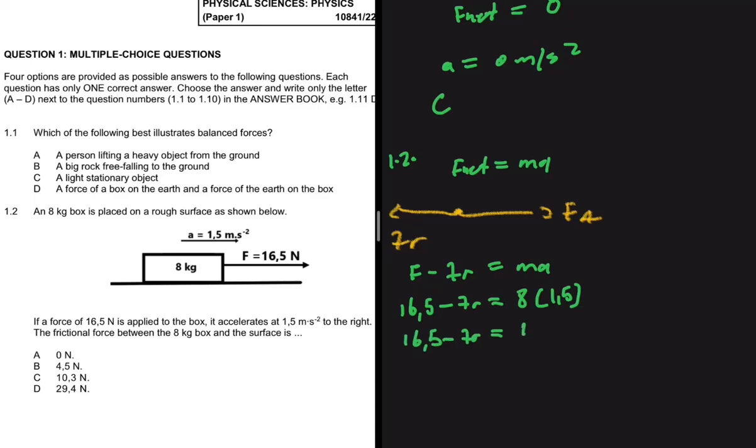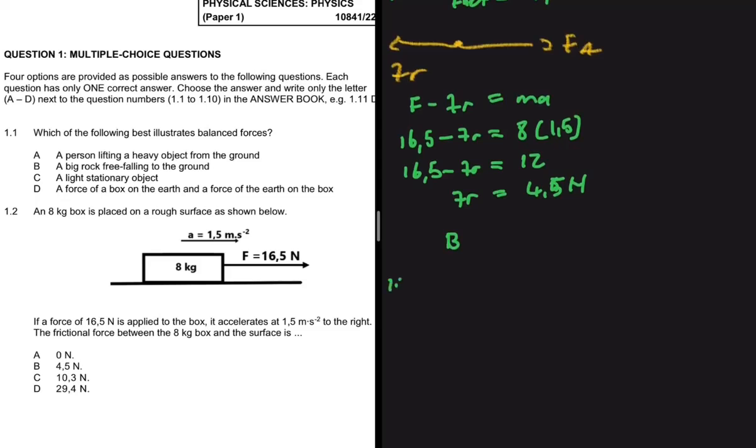That's supposed to give you 12. So you can see now that the frictional force will be equal to 4.5 newtons, because 16.5 minus something gives you 12. So that something must be 4.5 newtons, right? So our answer to 1.2 is actually B.